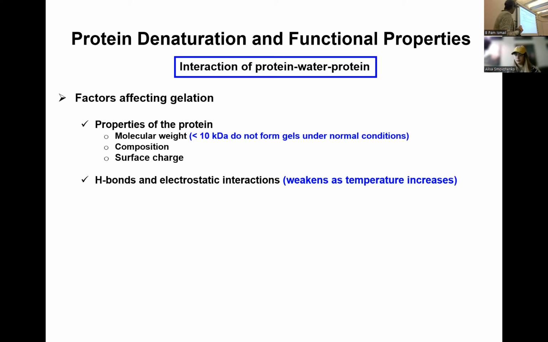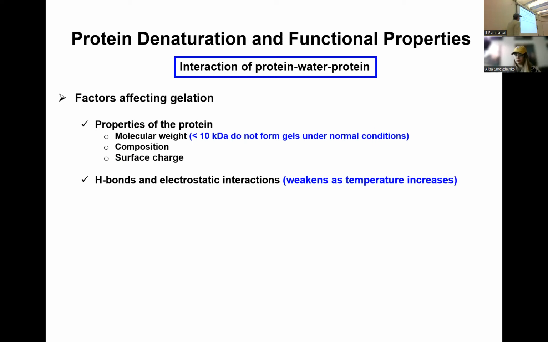When we talk about the interactions, this is just to remind you that as temperature increases, hydrogen bonding and electrostatic interactions weaken, hydrophobic interactions increase, and disulfide bonds are enhanced, especially at alkaline pH or above pH 7. Sometimes a mixture of proteins enhances gelation, and different proteins gel differently.